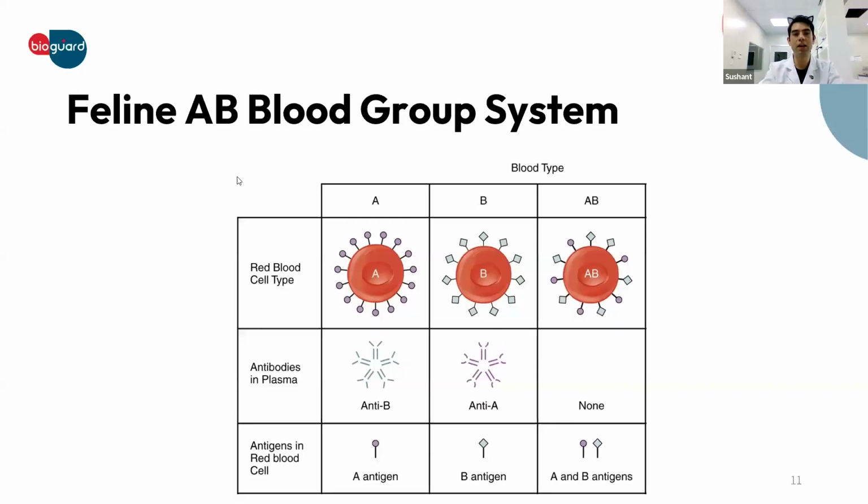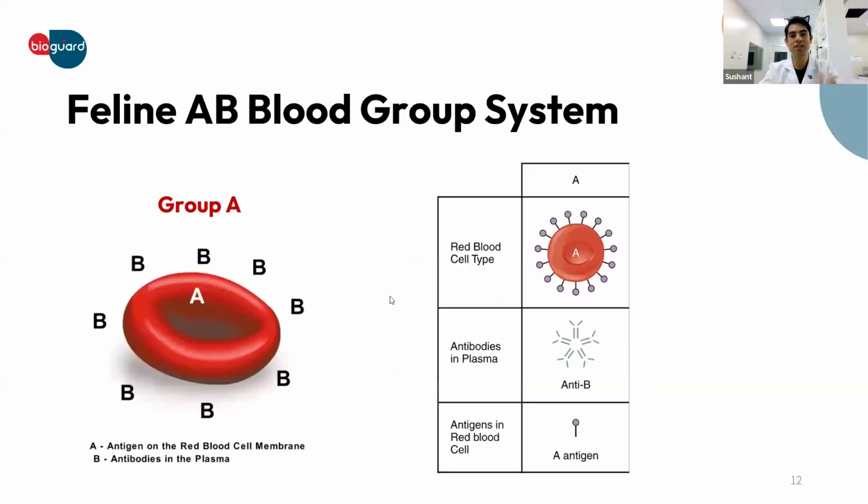As we know, felines follow the AB blood group system. In this one, A means that the RBCs, the cell type, have antigens on the surface of the cell that are A. So this is named as A antigen.